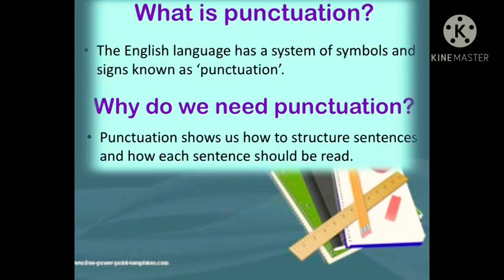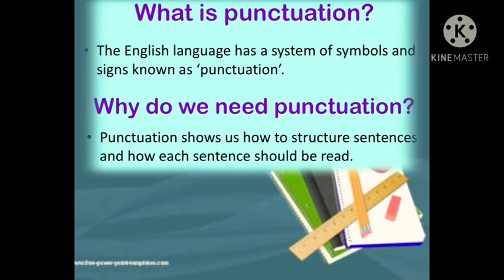Now, let me check your previous knowledge, students. Hope you all must have learned what punctuation marks are and why we need them in a language. So, now let us recollect it again. The English language has a system or set of symbols and signs called punctuation marks, which makes a sentence or a language more improved or more attractive, and which helps us to understand the language or the sentences more clearly and correctly.